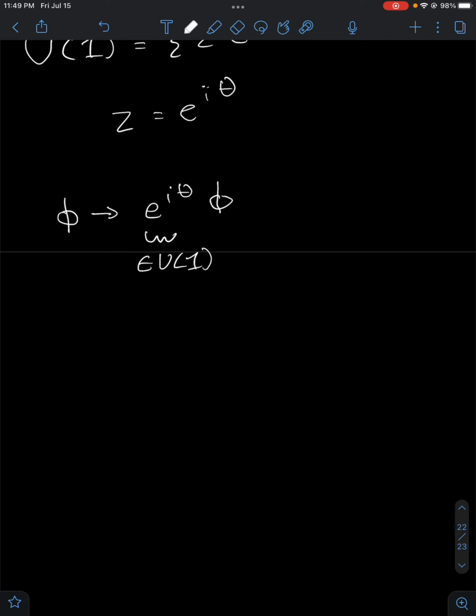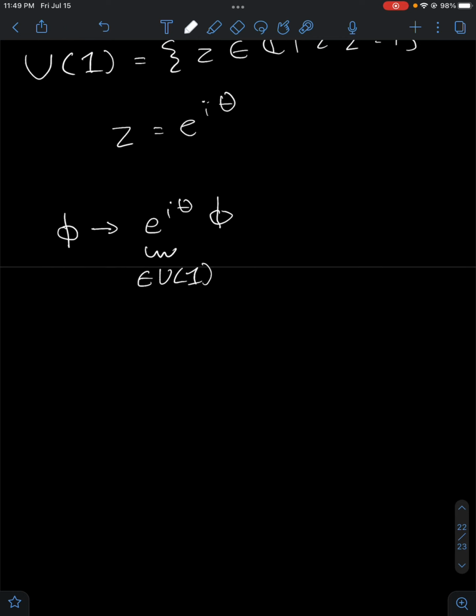First of all, we have to write down what the conserved quantity is for any general field transformation.